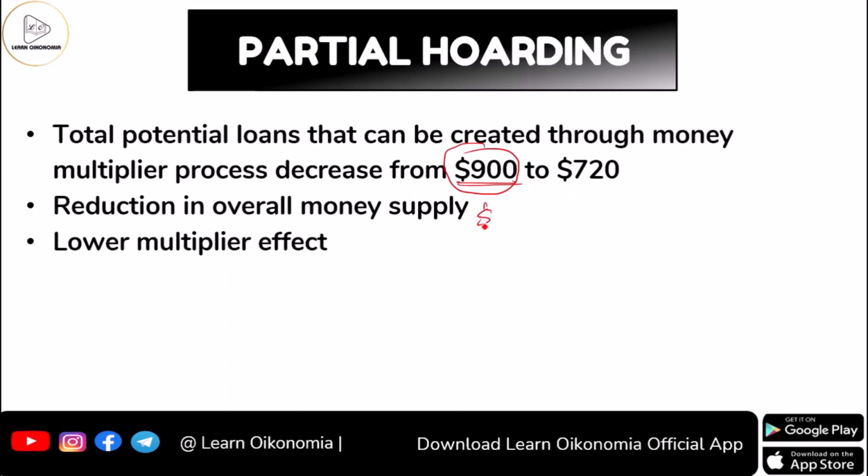So this is for 1000 and this is for 800. With $800 as the money supply, the multiplier process came down because of the reduction in lending activity, because only $720 is now available for lending. We are talking about a scenario with a reduction in the overall money supply. From $1,000, the money supply got reduced to $800. So that has created a reduction in the multiplier effect also.